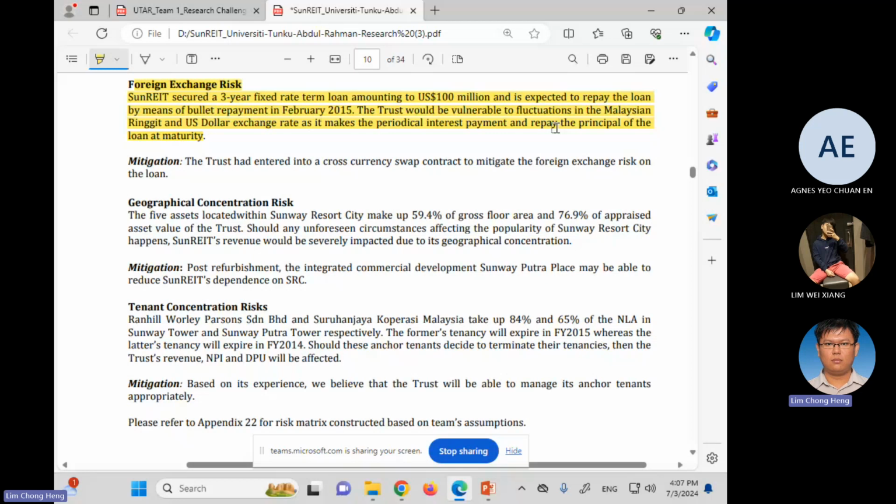And then some we call 键盘侠 (keyboard warriors) say why Singapore still appreciates while Ringgit Malaysia depreciates. Because the Singapore monetary authority intervenes in the market. The Malaysian government never intervenes in the market, so they let it depreciate.